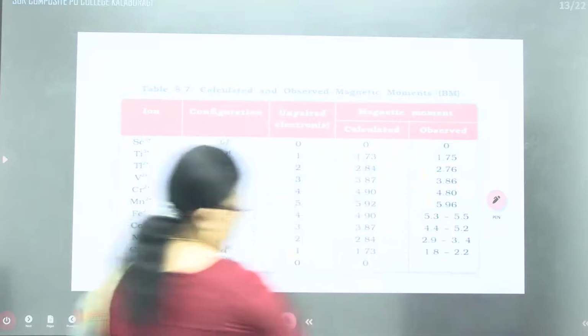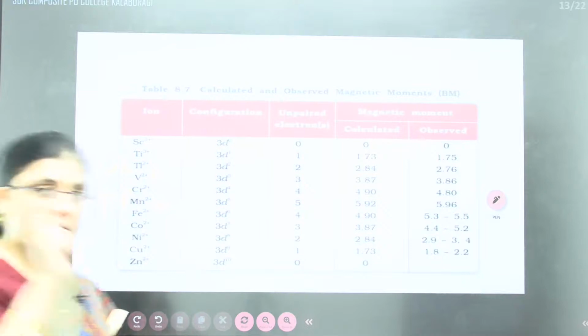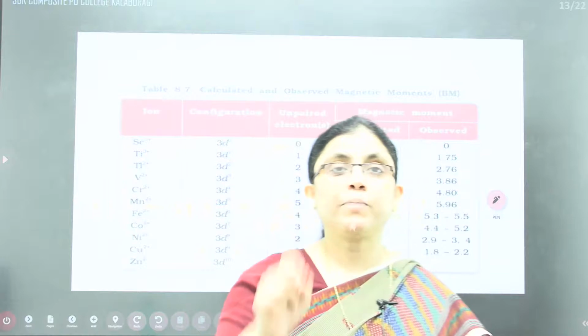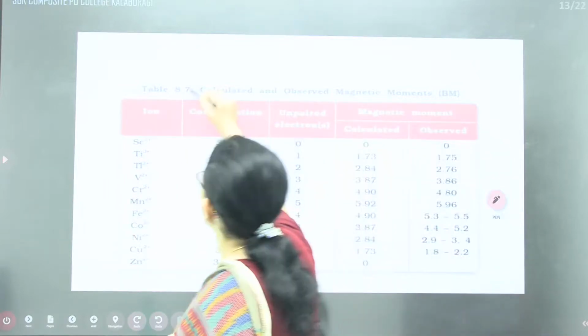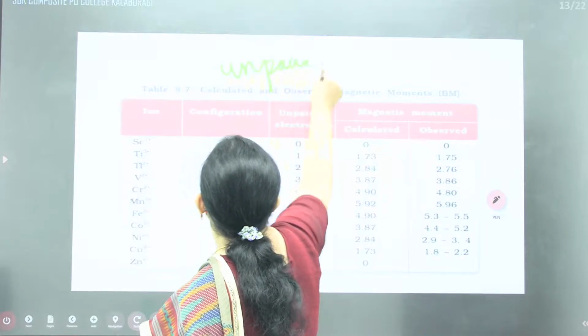Another point, as I said, d block elements show magnetic behavior. They are paramagnetic in nature, diamagnetic also, ferromagnetic also, depending upon again the same point, the number of unpaired electrons. Same table we have taken as it is in the NCERT book.